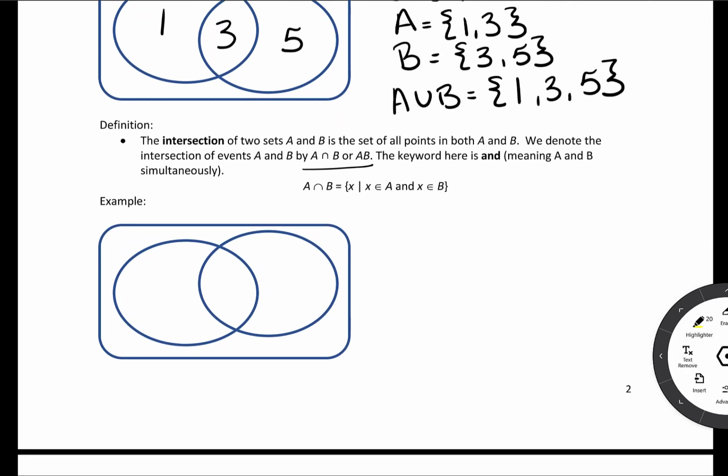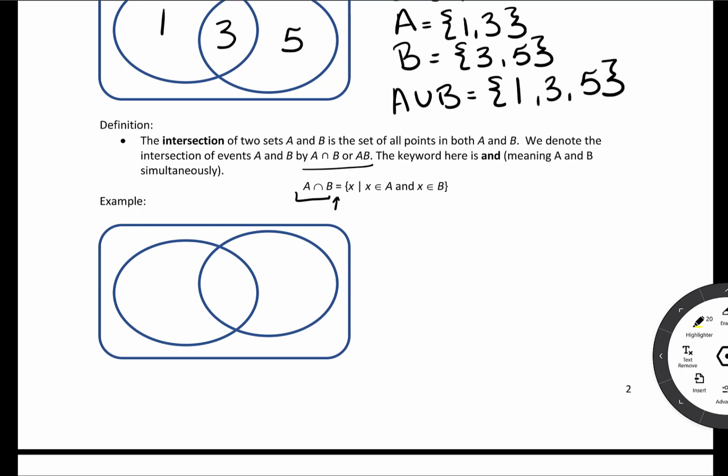Now if we look at this notation here, let's talk about what this notation means. And we had something similar for the union. When we say A intersect B, what we're saying is that is equal to the set of all x. So that's what this little x here is doing.